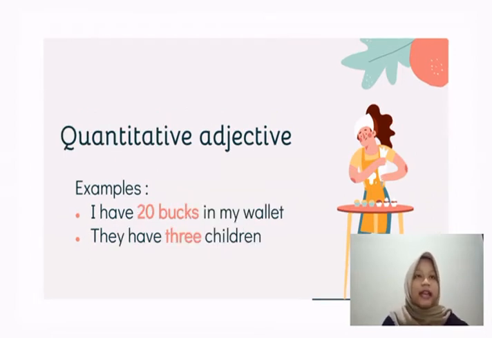And next, we have a quantitative adjective. This adjective provides information about the quantity of the nouns or pronouns. These types belong to the question category of how much and how many.